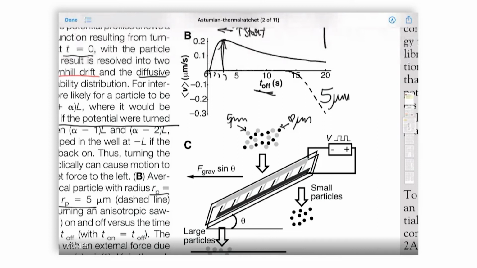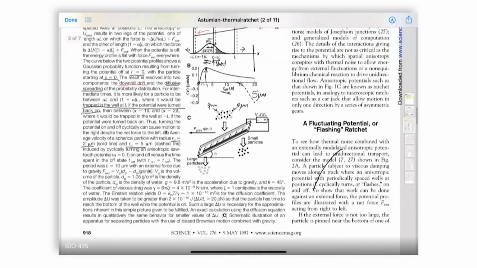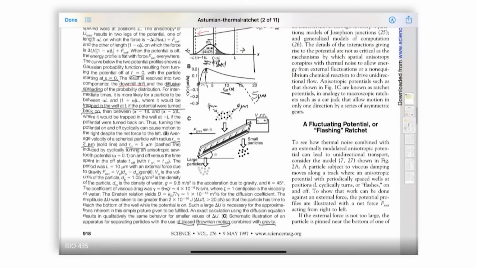And that's pretty cool. So in a way, with this clever use of a combination of Brownian motion with an external gradient, which they call gravity here, and a flashing potential, which is the bias, you can actually separate particles.